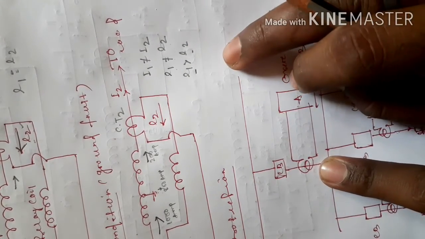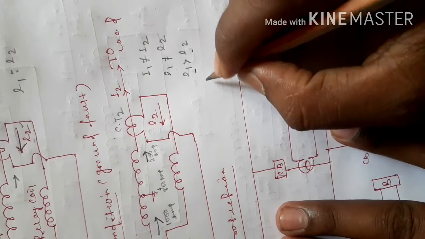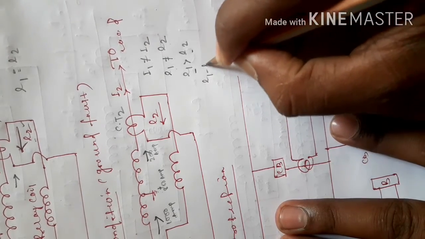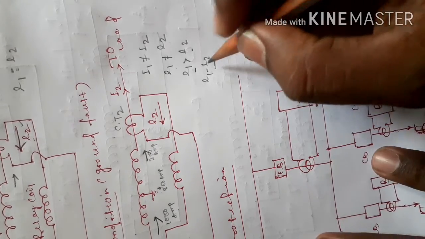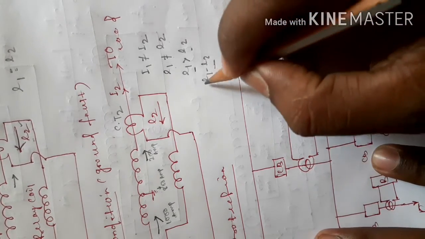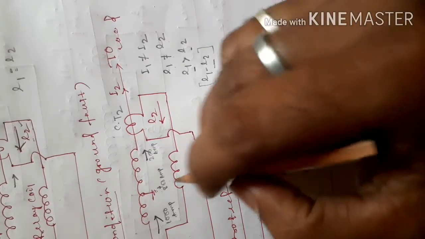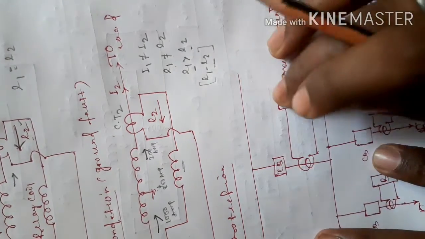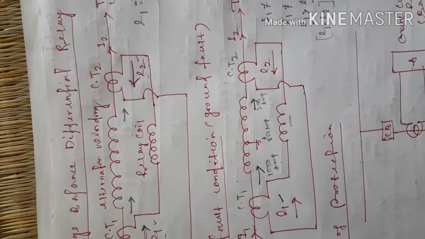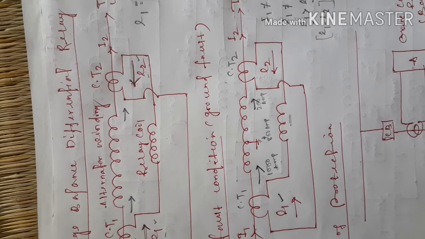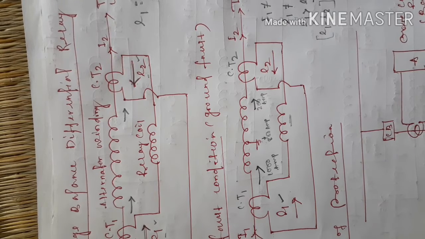So the net EMF, that is E1 minus E2, causes a current to flow through the relay operating coil, due to which the differential relay operates. Voltage balance differential relay means this relay operates due to the difference in voltage on the two sides of the alternator winding.